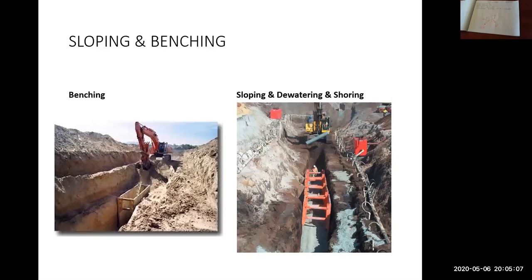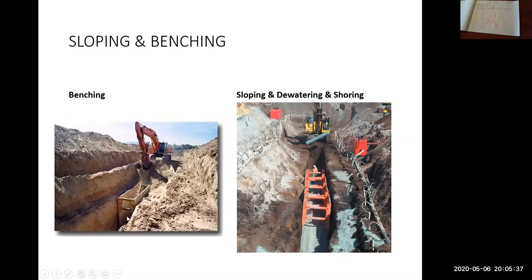So let's look at a couple different ways to reduce the amount of sloping in an excavation. So here's our excavator. Here's the trench down here. This cage down here is called the trench cage. This allows you to excavate vertically. Now, if they stacked some cages on top of each other, they wouldn't need to bench like this.